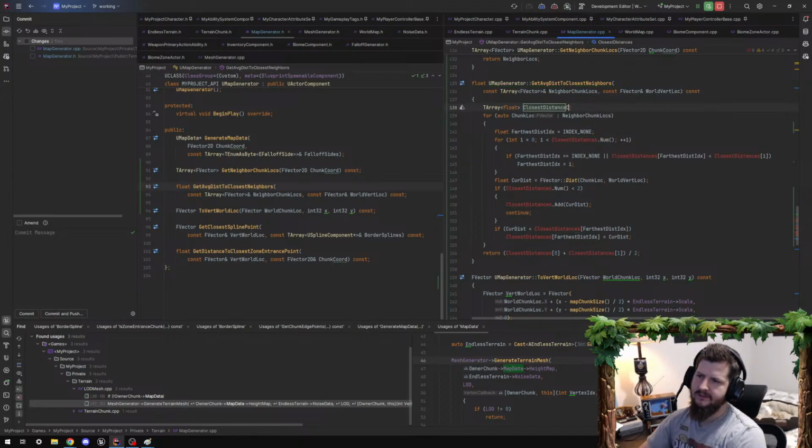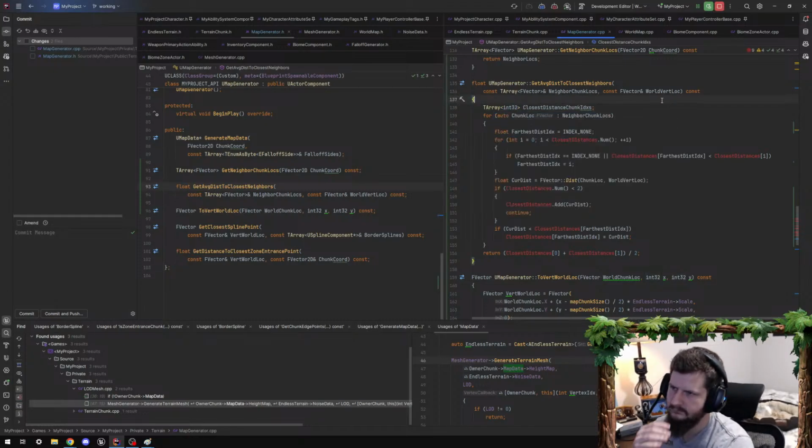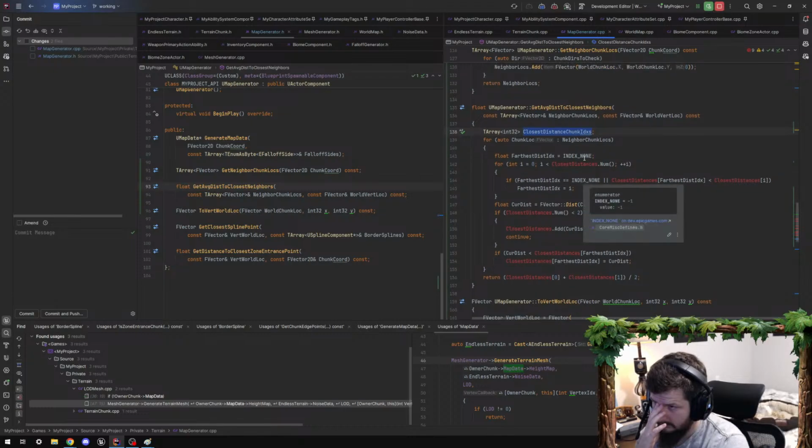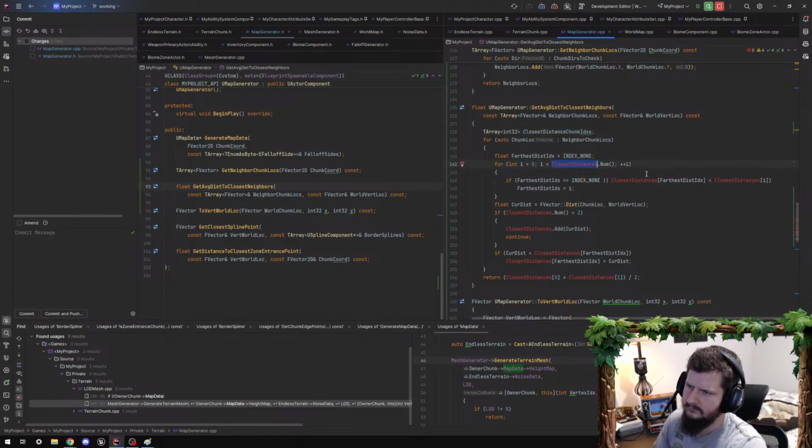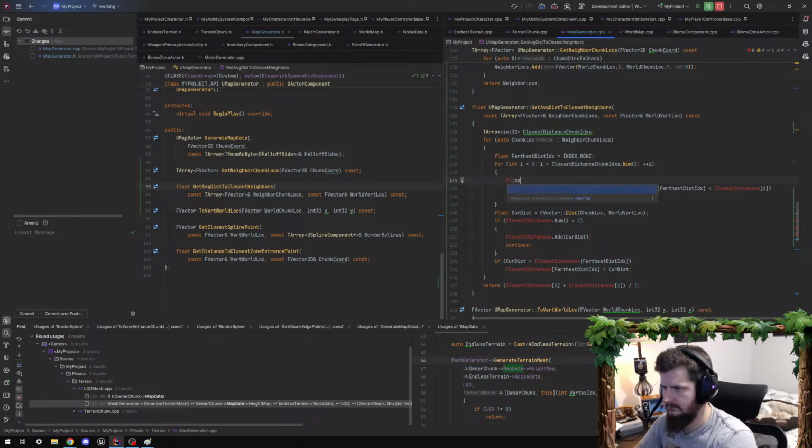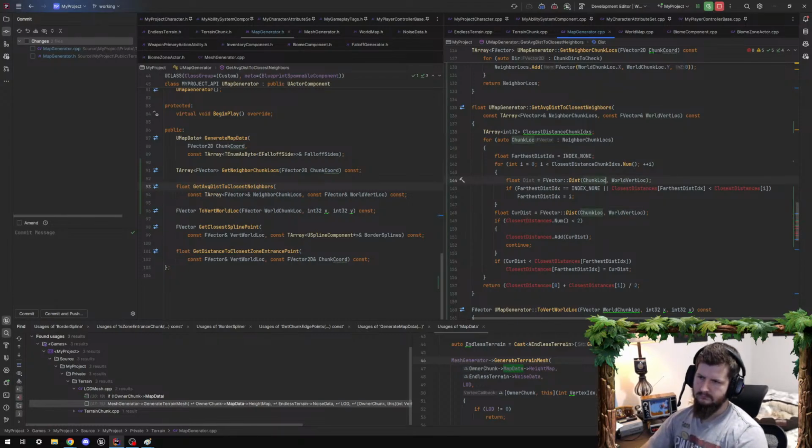So this is actually going to be closest distance chunks. Yeah, so I want the two closest distance chunks actually.